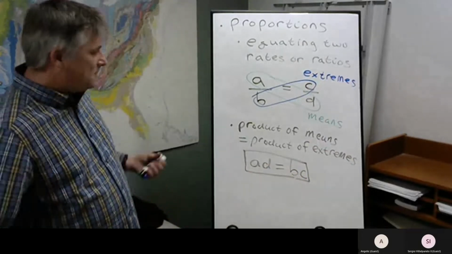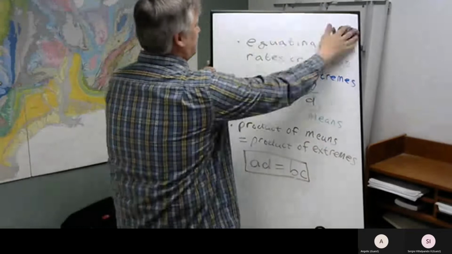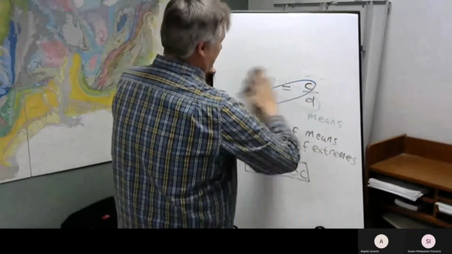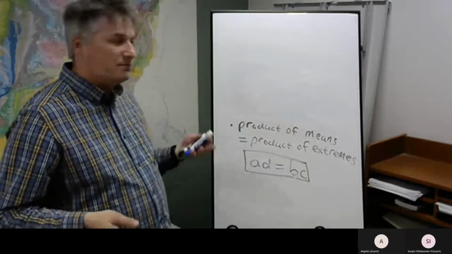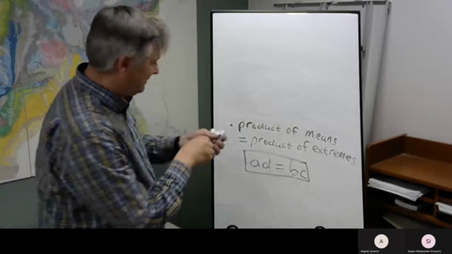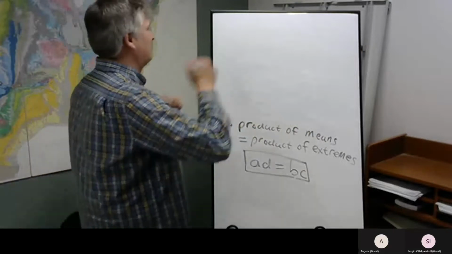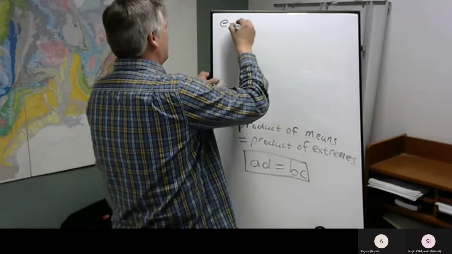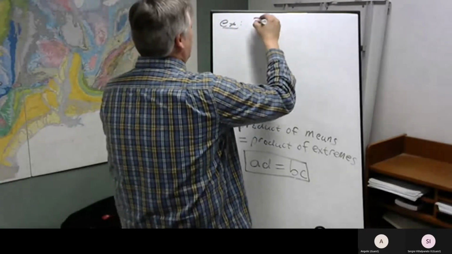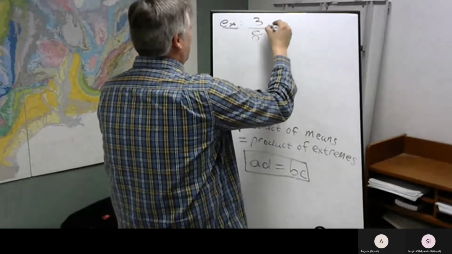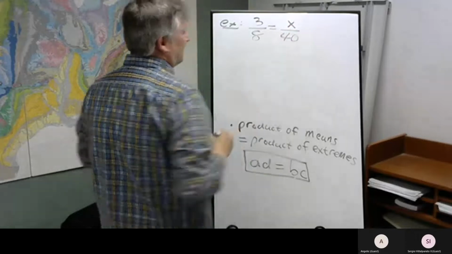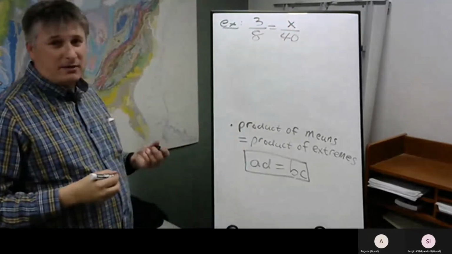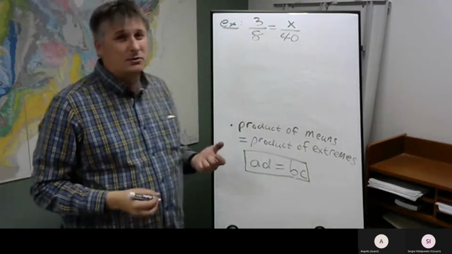So let me do an example of how we solve for one of these missing means or extremes. So let's say we have this. What they want us to do is solve for x.